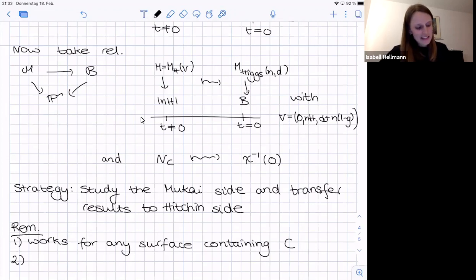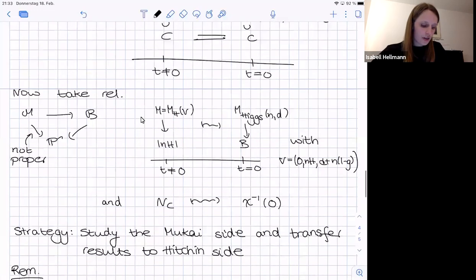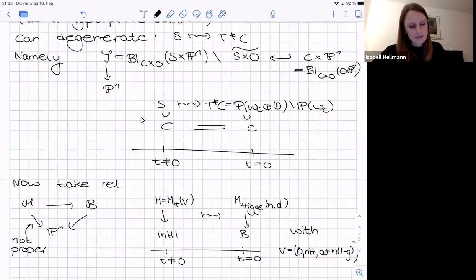Okay, and another thing, this deformation is a little bit strange because here this map is not proper. As I said, this moduli space M is projective, but the moduli space of Higgs bundles is not. So this cannot be a proper map. But you could also degenerate S to a compactified cotangent bundle if you want.